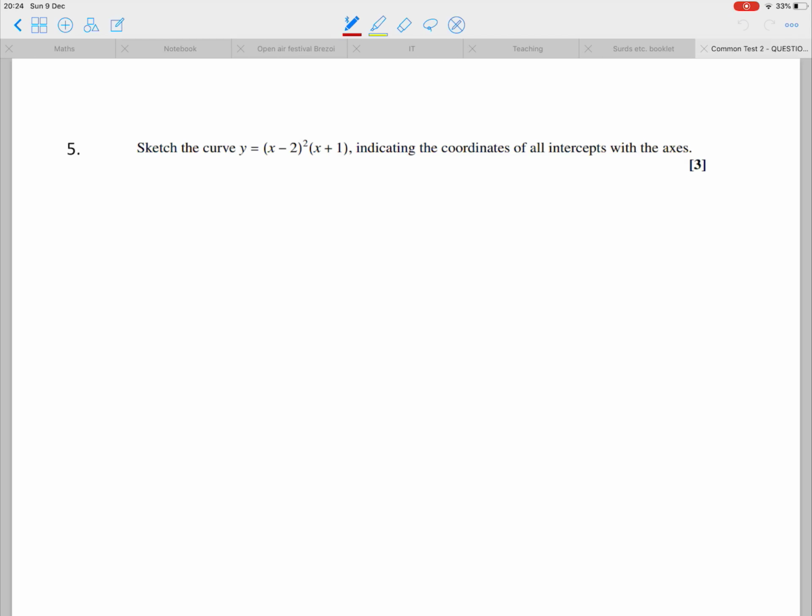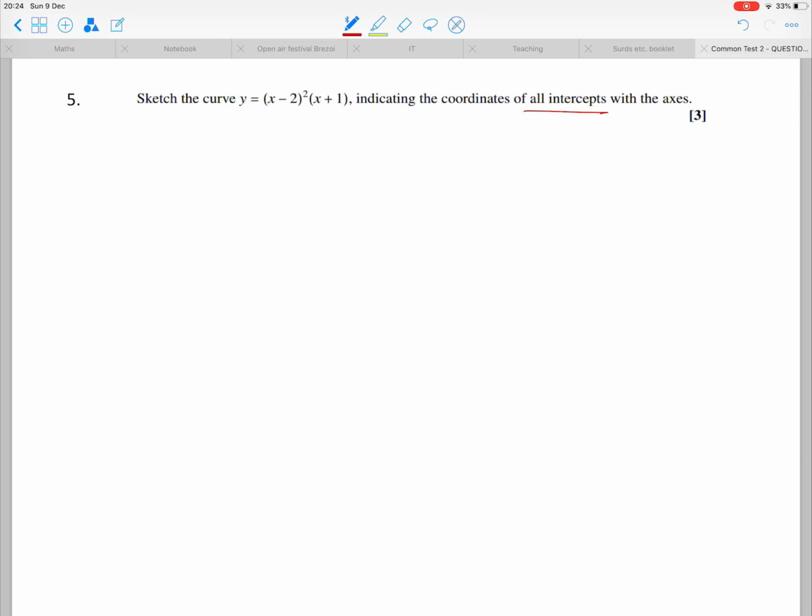Question 5. We have to sketch this curve for 3 marks indicating the coordinates of all intercepts with the axes. Okay, well, let's sketch some lines. Let's label our axes. Then we can begin. Right, we have a double root and a double factor, if you like, repeated factor, and a normal factor.